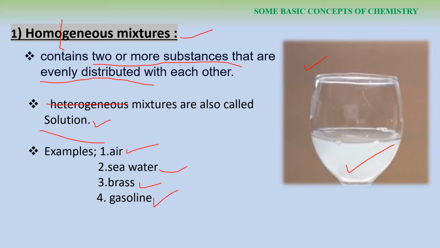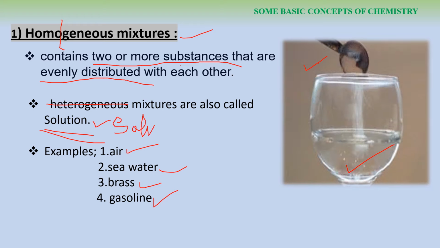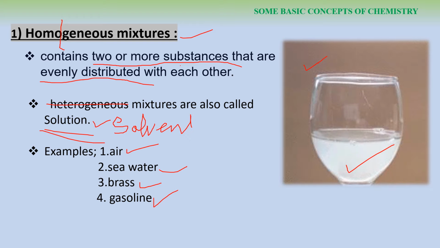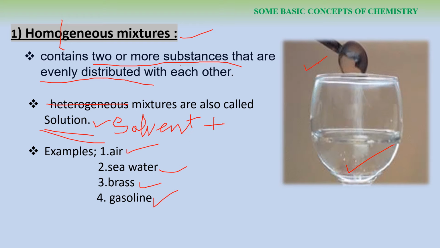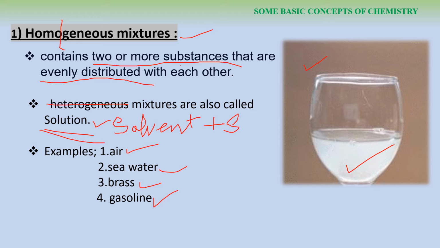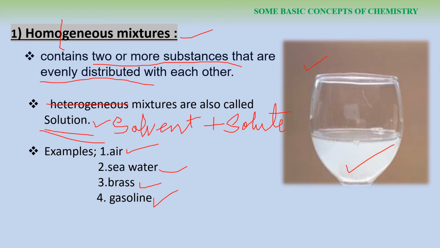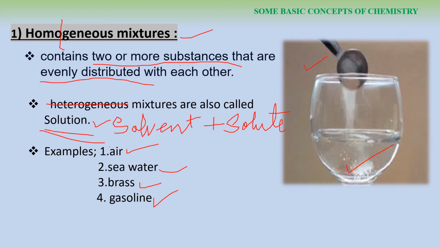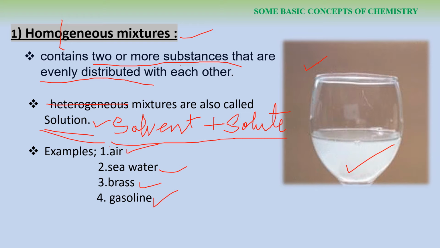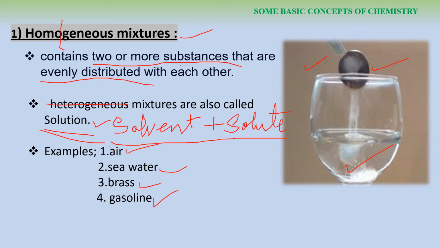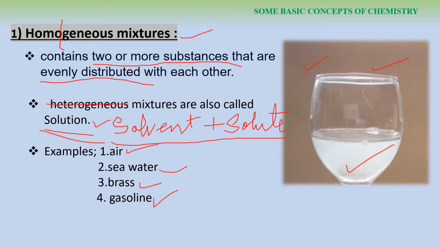Then let us know a few things about solution. In solutions, two components will be there. First one is solvent, and solvent plus solute together gives solution. So identify from water and salt which one is solvent and which one is solute.